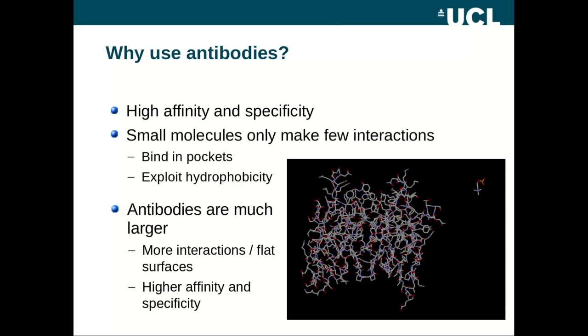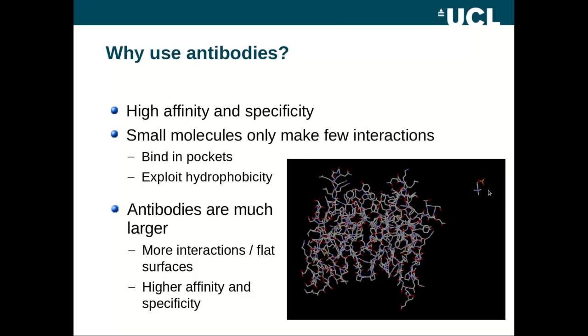So why use them? Why are they so important? Well, we've already said high affinity and high specificity. But why are antibodies particularly good at this? What I show on the right here is an antibody Fv fragment again, the VH and VL domains, in comparison with a small drug-sized molecule.